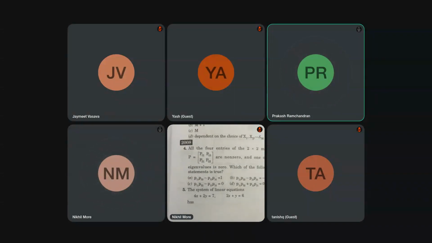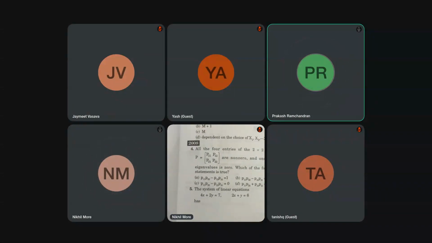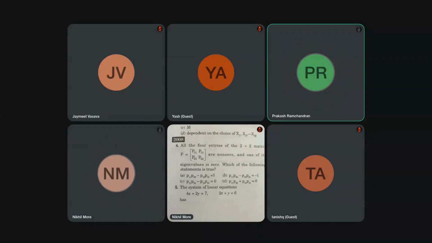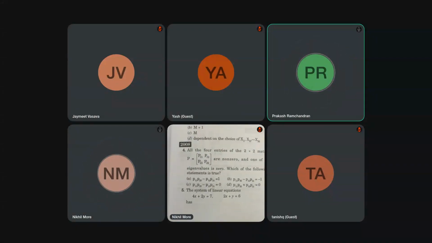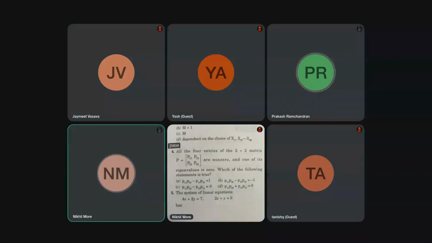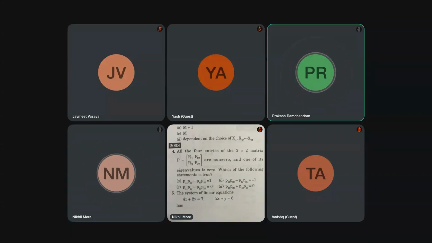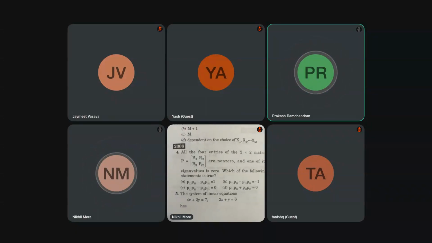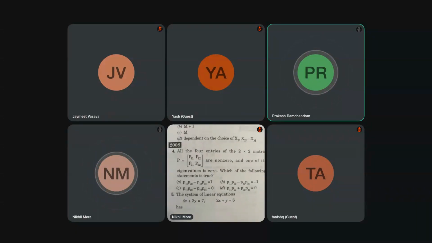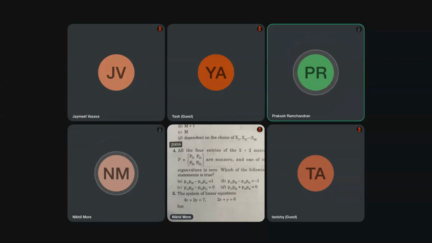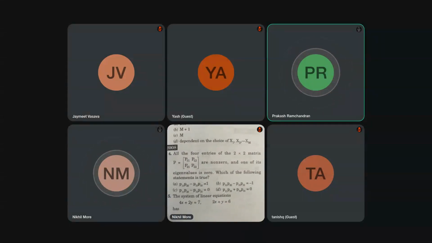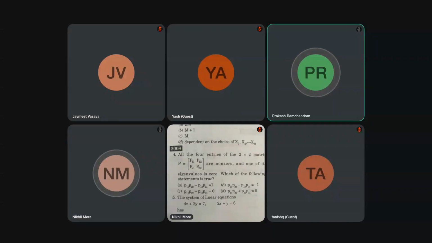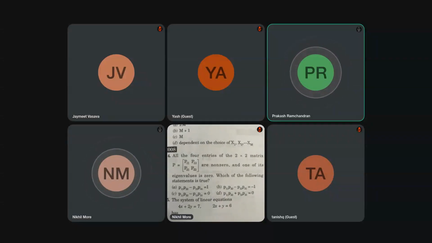The question is which of the following is true. Since if you do some multiplication, you have to have P11, P12 minus P21, P12, right? So C or D, C appears to be correct because that has the minus in between, like a determinant.